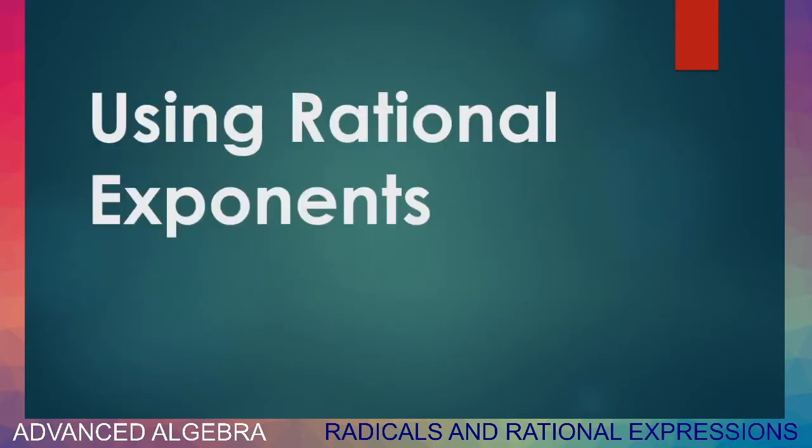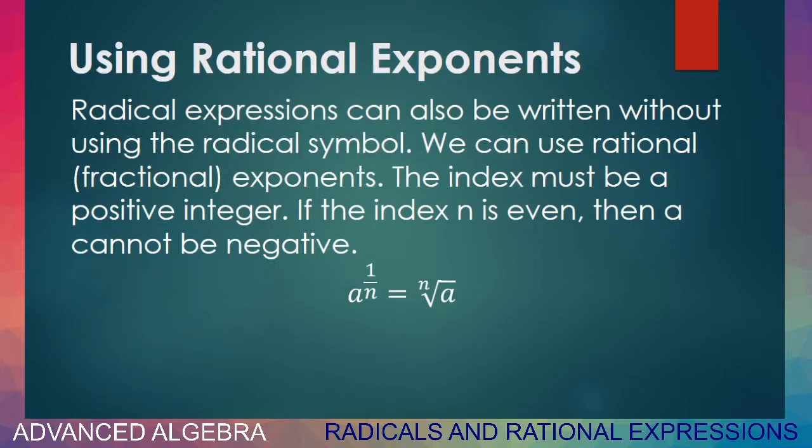Okay, next. So, using rational exponent. In using rational exponent, a radical expression can also be written without using the radical symbol. So, we can use rational or fractional exponent. So, the index must be a positive number.